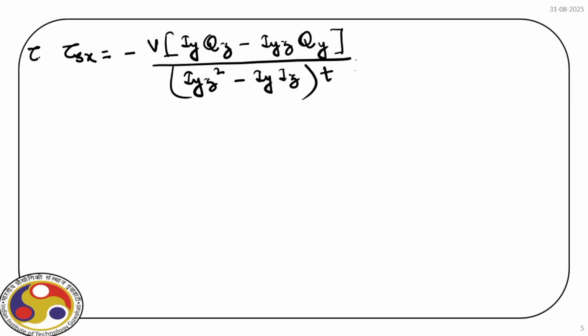Obviously, tau Sx equals tau xs. So we get the shear stress distribution over an arbitrary section.